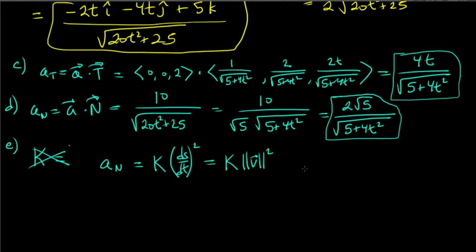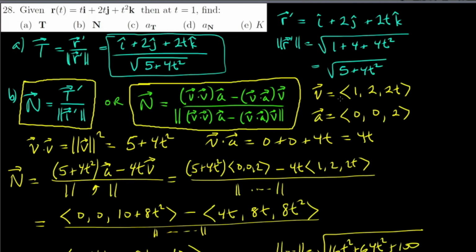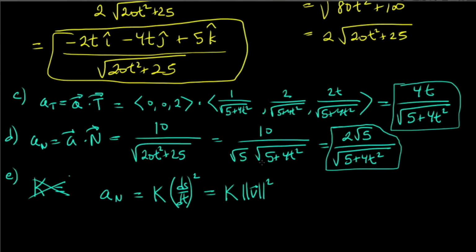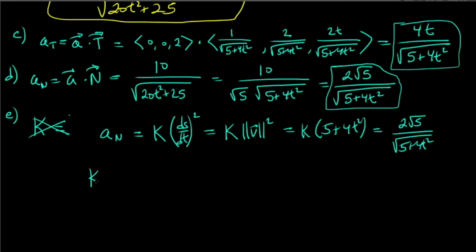And if you remember, the magnitude of v was the square root of 5 plus 4t squared. So this is just going to be kappa times 5 plus 4t squared. And we know what the normal acceleration is. We just did that in part D. So that's 2 square root of 5 divided by the square root of 5 plus 4t squared. So when you divide, kappa is just going to be 2 square root of 5 divided by 5 plus 4t squared to the 1 plus a half, which is 3 over 2.